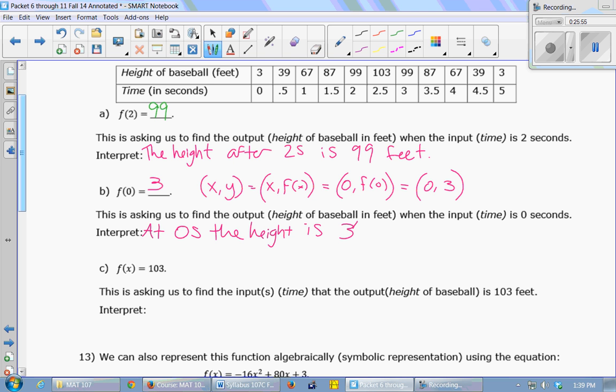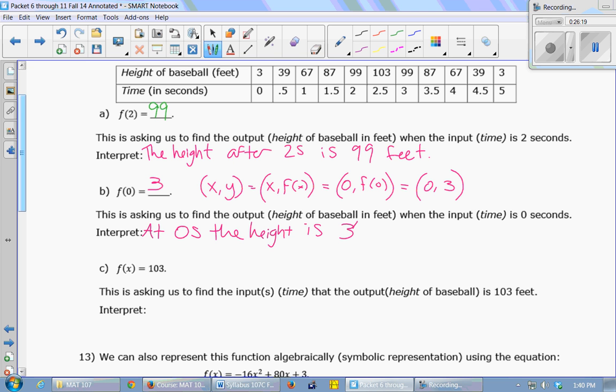These are all the same thing. The f of x notation just carries a little bit more information. Instead of writing y equals 3, f of 0 says y equals 3 when x is 0. So it carries the x coordinate that we're talking about in its notation.